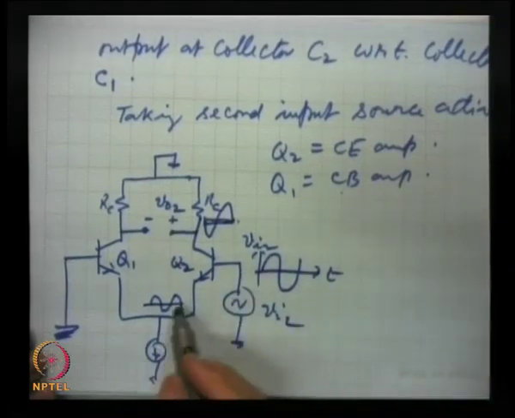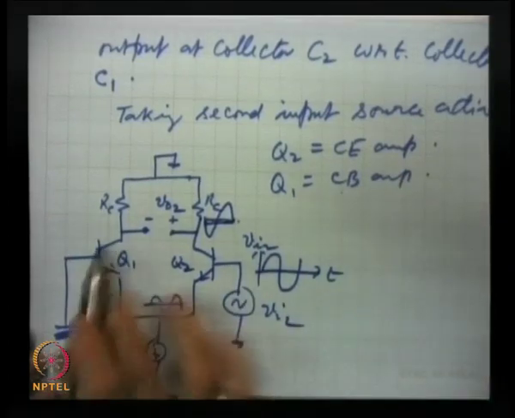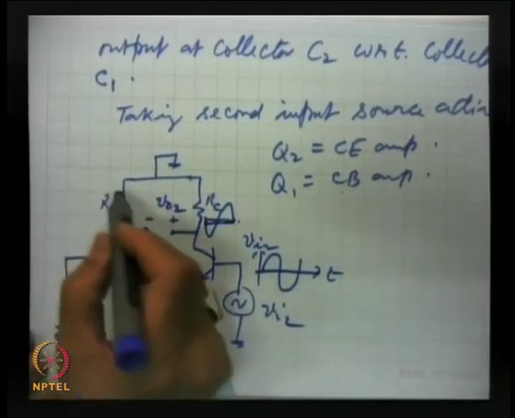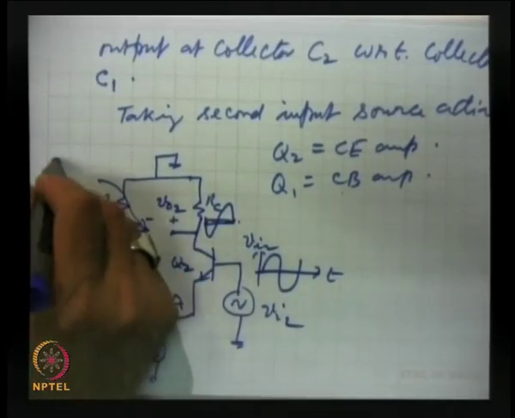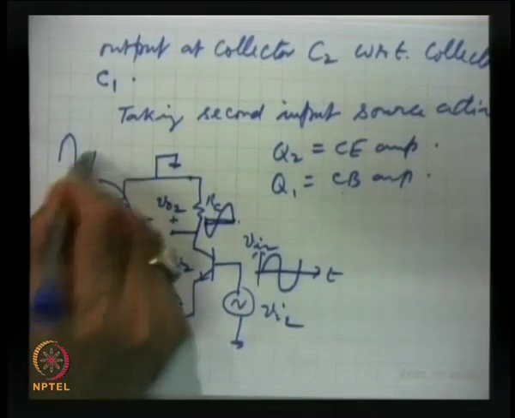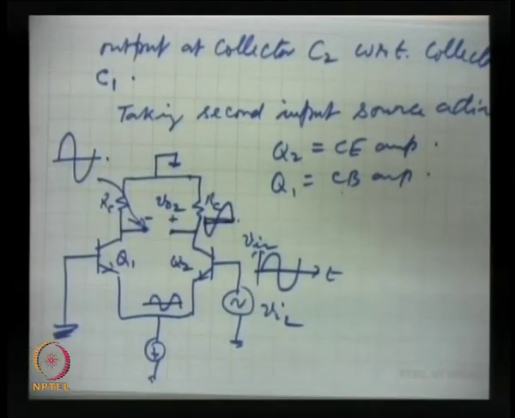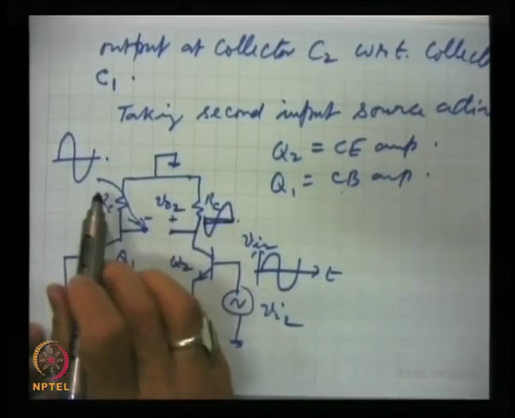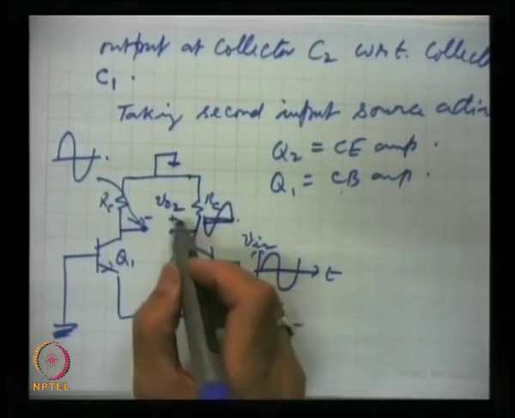So without any inversion, the amplified signal will appear here, at this collector it will be like that.